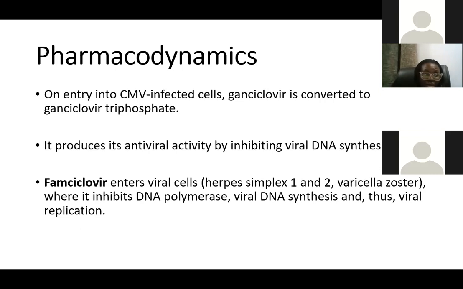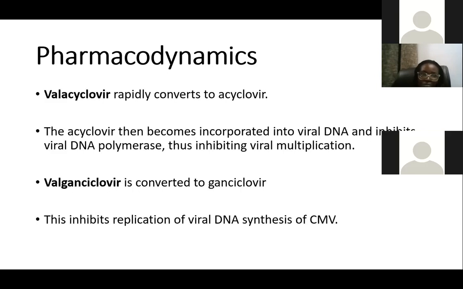So ganciclovir is also converted to ganciclovir triphosphate, and so on and so forth. So when they enter the virus-infected cells, they are converted to the active form. And then the active form inhibits DNA polymerase, which halts the viral replication. So basically, that's how they all work as a group.